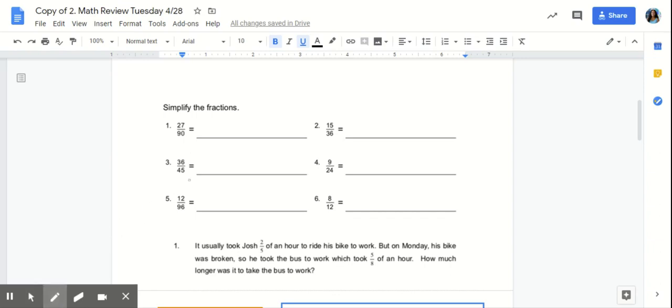So first, we're going to simplify fractions. Number 1, we have 27 over 90. Now, when we want to simplify our fractions, we want to think of their biggest common factor so that we will be able to get the most simplified answer. Now, for 27 and 90, I know that they have 9 as a common factor. So I'm going to divide both by 9.